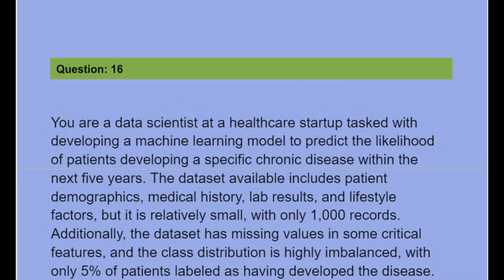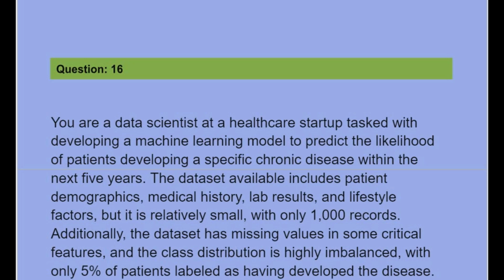Question is, you are a data scientist at a healthcare startup tasked with developing a machine learning model to predict the likelihood of patients developing a specific chronic disease within the next 5 years. The dataset available includes patient demographics, medical history, lab results, and lifestyle factors, but it is relatively small with only 1,000 records.